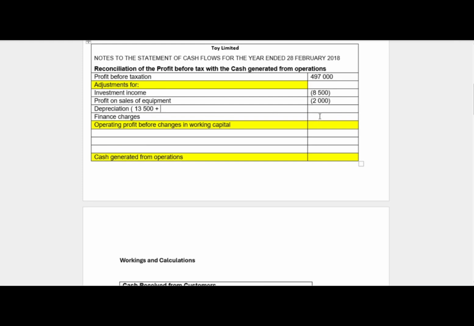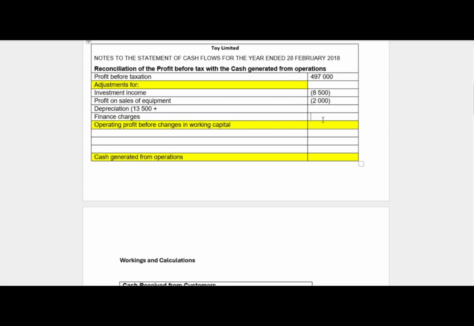And then we've got finance charges. Finance charges, they don't have to be in brackets. Remember here, the expenses that must be adjusted for, we add them, and incomes that must be adjusted for, we less them. That is why we subtracted investment income and profit on sales of equipment, right? So finance charges, we're going to add.